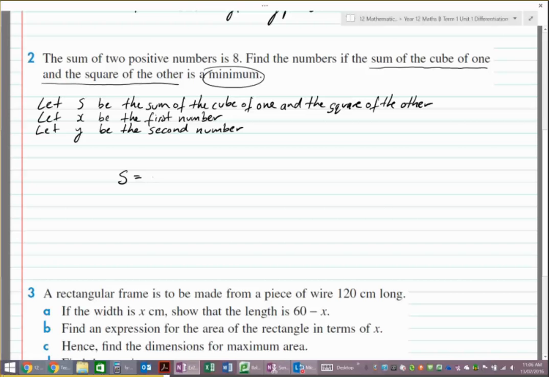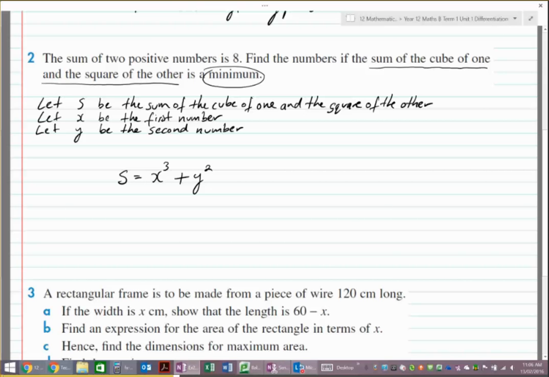So I'm adding two things together. I'm adding the cube of one number, so the cube of this number, plus the square of the other number.